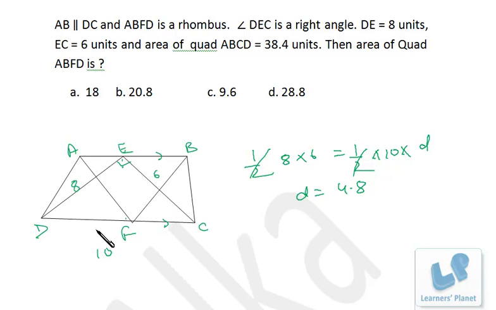Now friends, see this ABFD, right? The altitude is the same, but what is this length DF? That we need to calculate. Now what is the area of a trapezium? Suppose I assume this AB as X. The sum of the parallel sides into altitude into half, and that is given to us as 38.4.